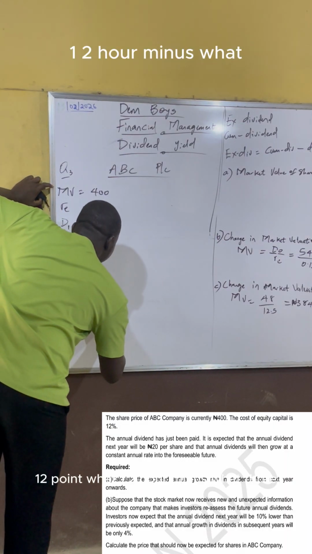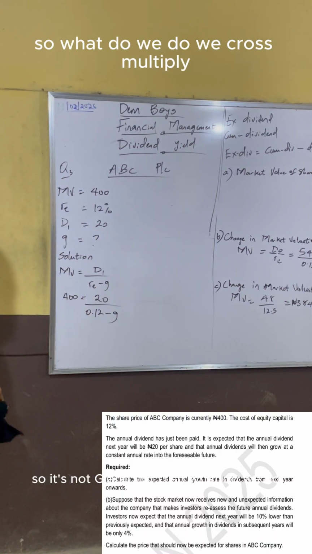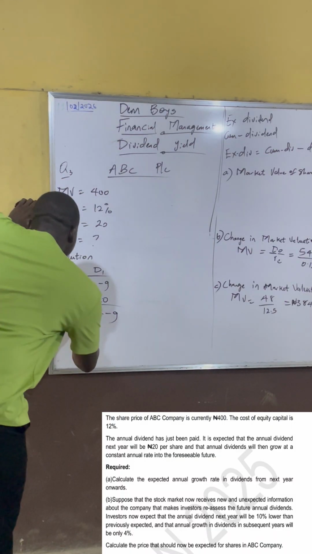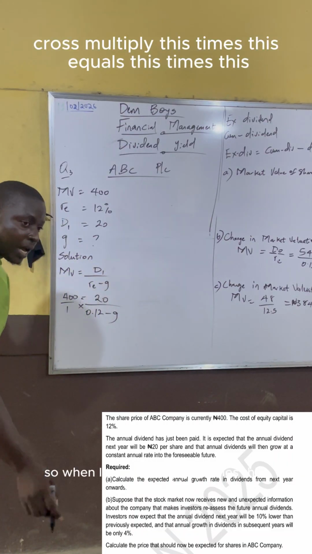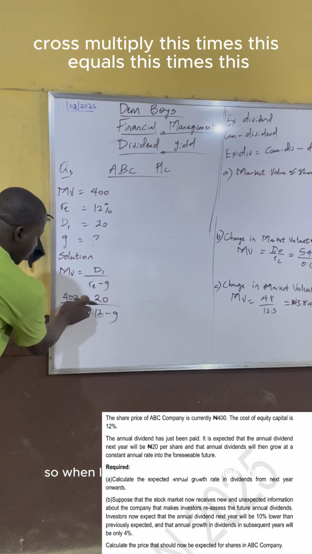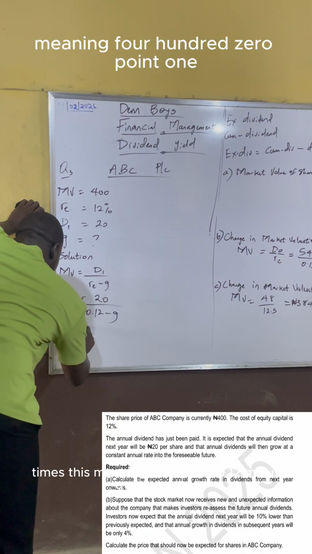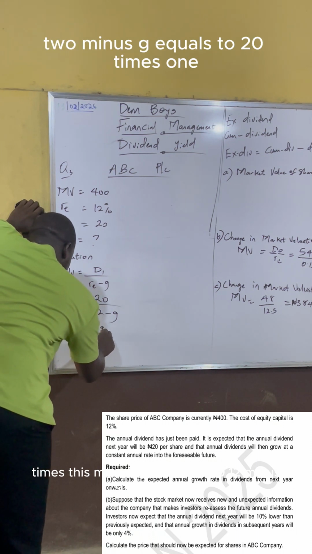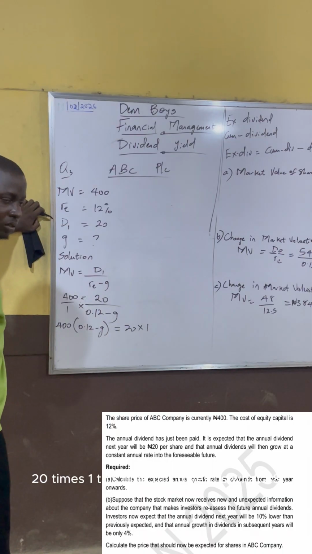So 400 equals 20 over 0.12 minus G. So what do we do? We cross multiply. When I cross multiply, this times this equals this times this. Meaning 400 times (0.12 minus G) equals 20 times 1.